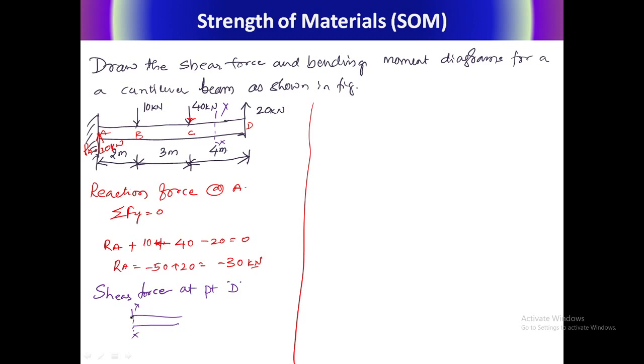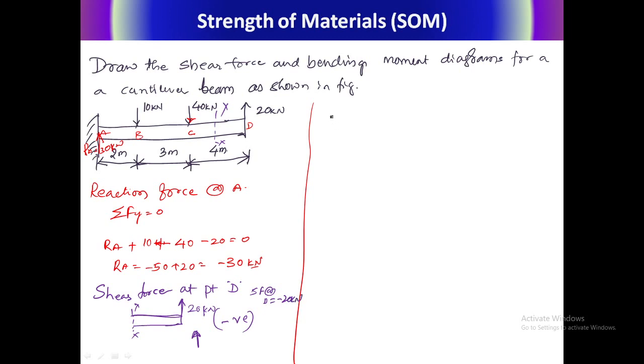Now the load which is acting is in the upward direction. It tries to push the right side portion in the upward direction. So this shear force is negative. Now shear force at D, SF at D equal to minus 20 kilonewton.